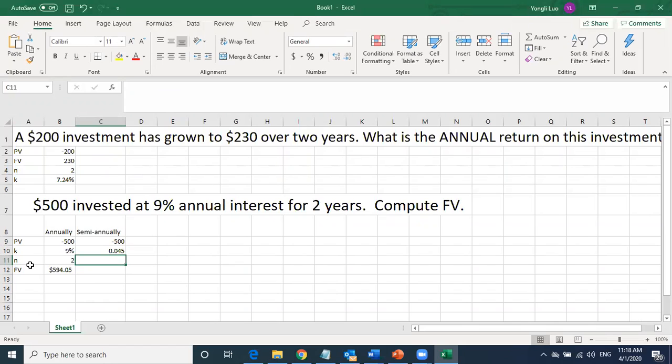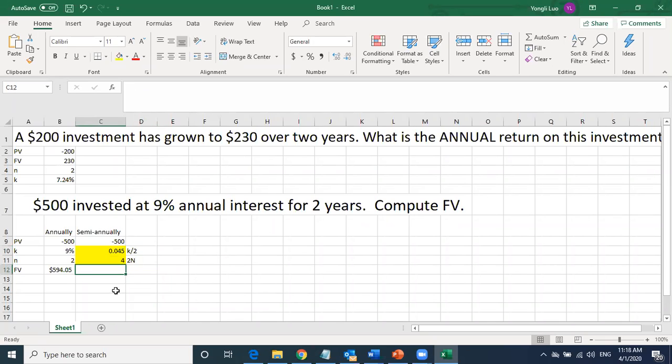This is the total number of years, or time periods. This one times 2. Remember, this one divided by 2 and this one times 2. So the number of time periods will double, because we say 2n, right? Take half of the rate, divided by 2, to make it semi-annual.